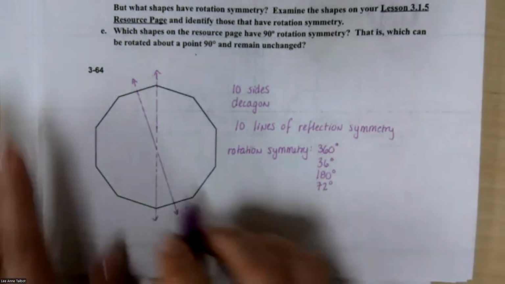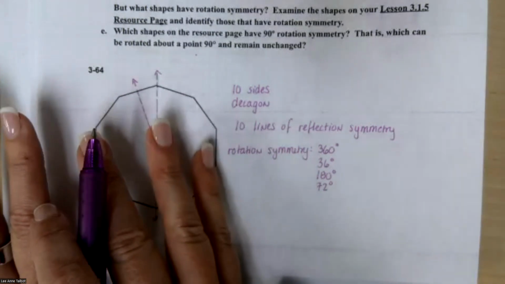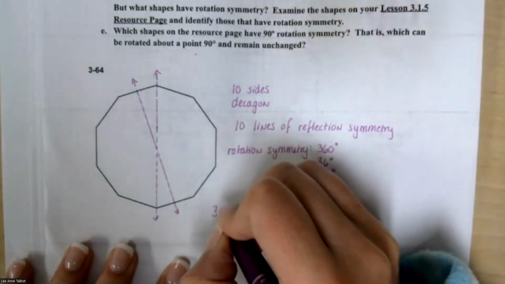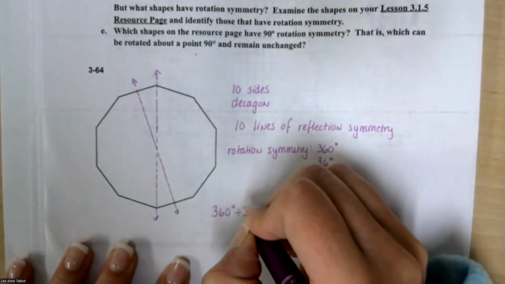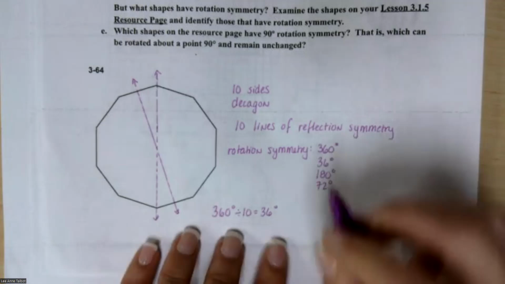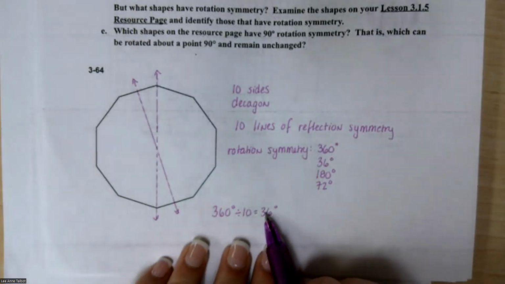So, okay, there's 10 sides, right? Are you guys okay with there being 10 sides? Okay, so if there's 10 sides, the whole circle around is 360 divided by 10 is 36. So that means every 36 degrees, it goes back to itself.